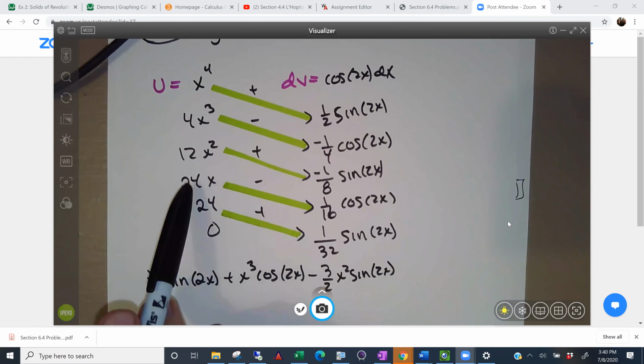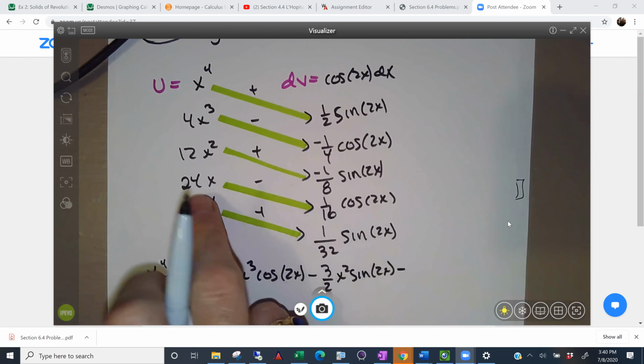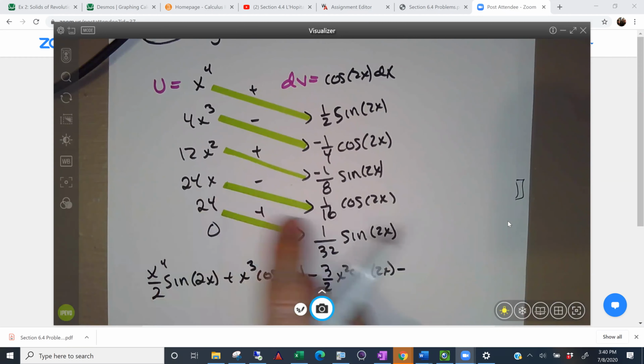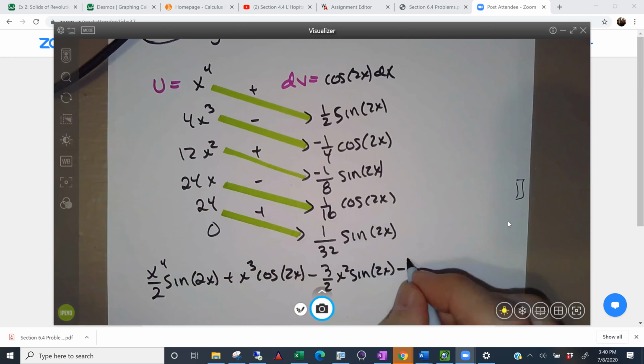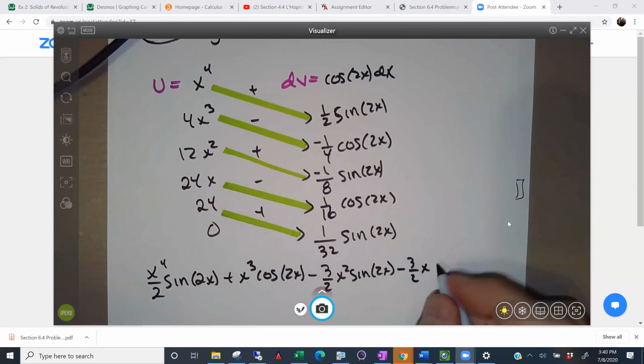Then down to here, positive times a negative is going to be negative. 8 goes into both of these things, so it's going to be a 3 and a 2, so minus 3/2 x times cosine of 2x.